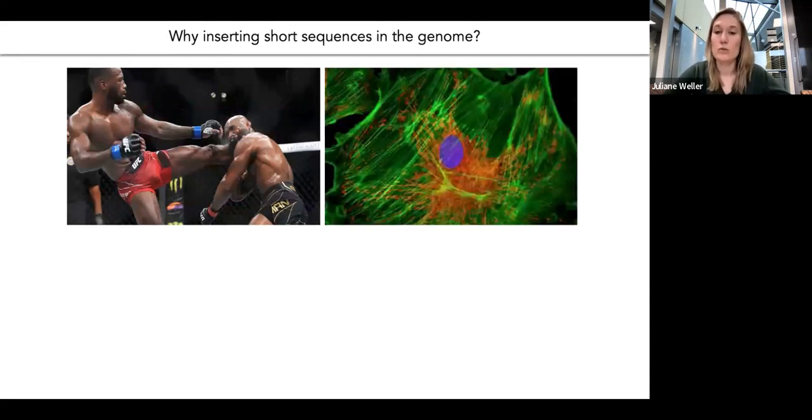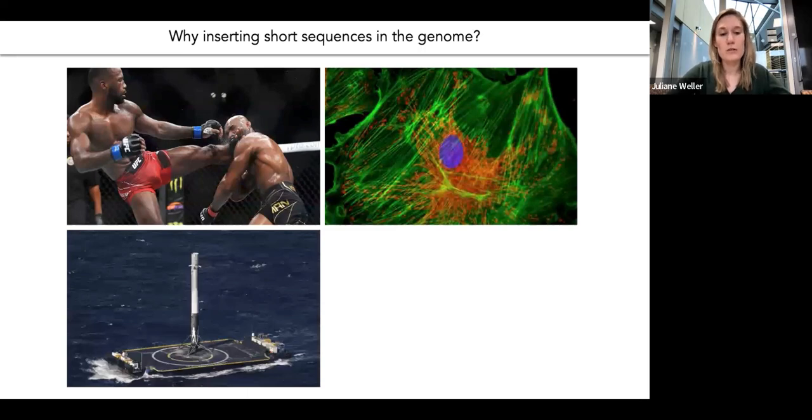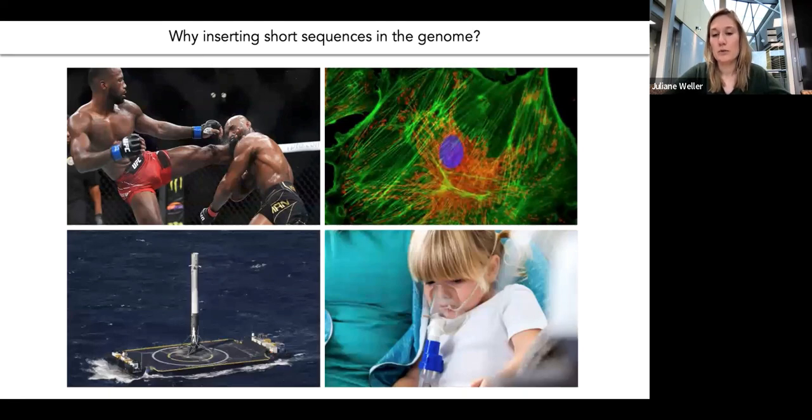Then we can use short sequences for protein labeling with fluorescent proteins or purification tags. We can insert landing pads that can then be used to later switch in larger genes or gene fragments with recombinases. And using short insertions, we can repair pathogenic deletions, like, for example, for cystic fibrosis, which is often caused by a 3-nucleotide deletion.